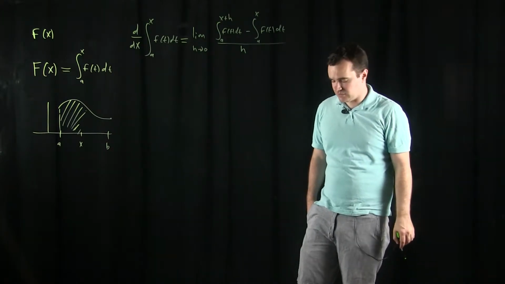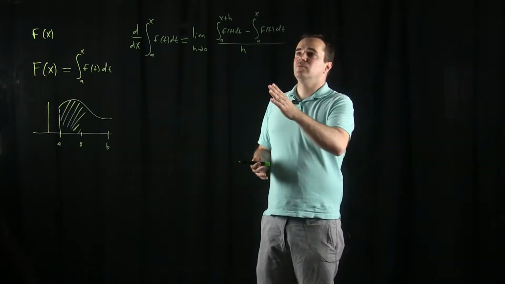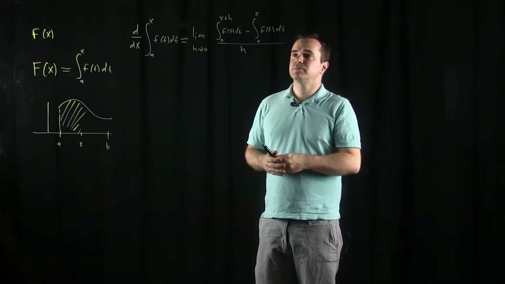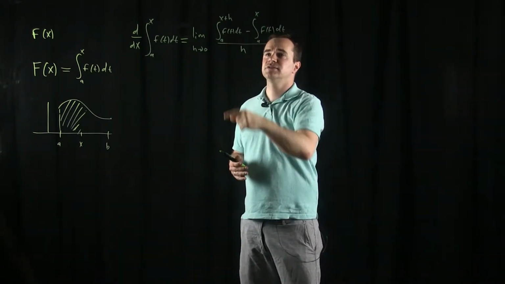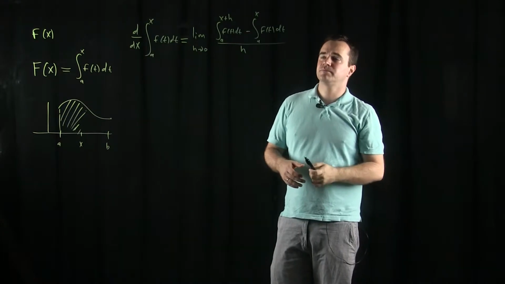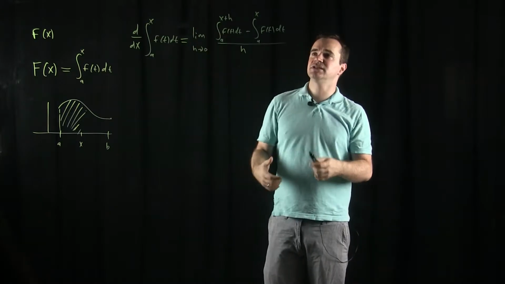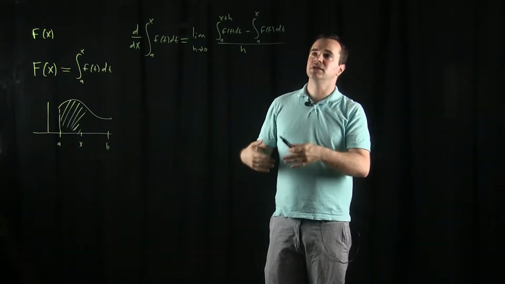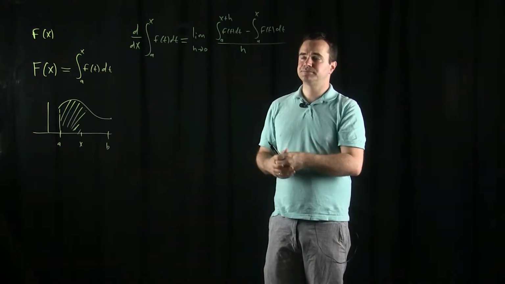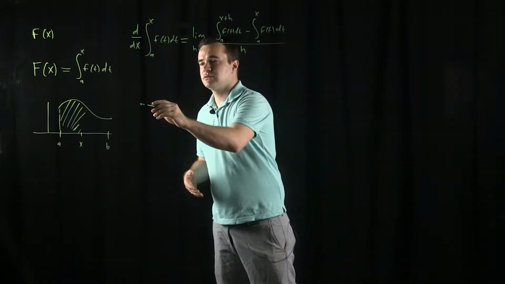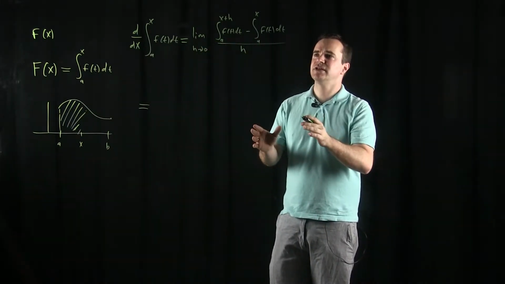The first thing I'm going to do is, remember in a previous video we said that when you've got two adjacent intervals, like from a to x and then from x to x plus h, you can say that the integral from a to x plus h is equal to the integral from a to x plus the integral from x to x plus h.